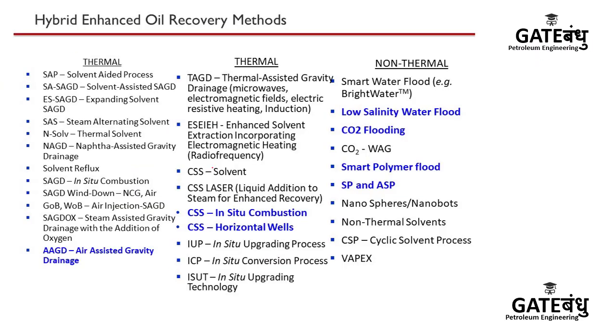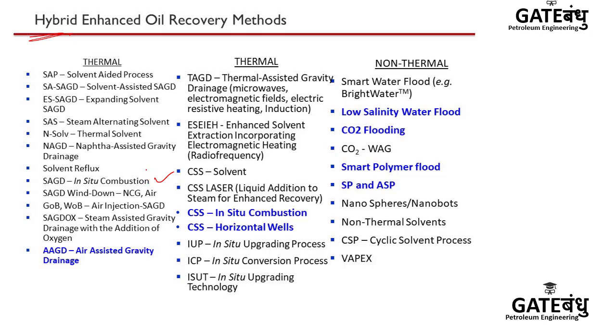But what we can see is that, in thermal and non-thermal, there are different EOR methods or processes where a hybrid system is applied. Like we know steam assisted gravity drainage, air assisted gravity drainage, like in situ combustion. Steam assisted gravity drainage is a combination of horizontal well and water flooding and steam flooding.